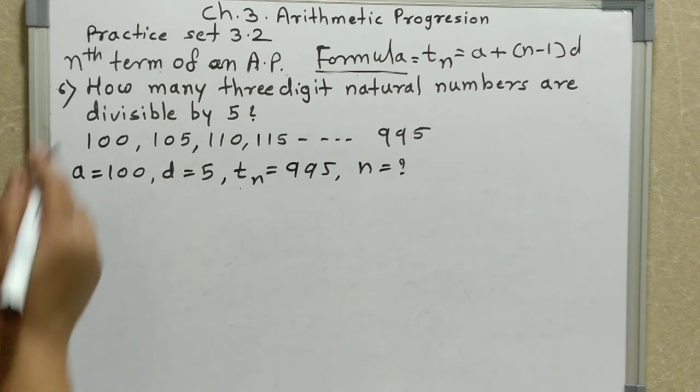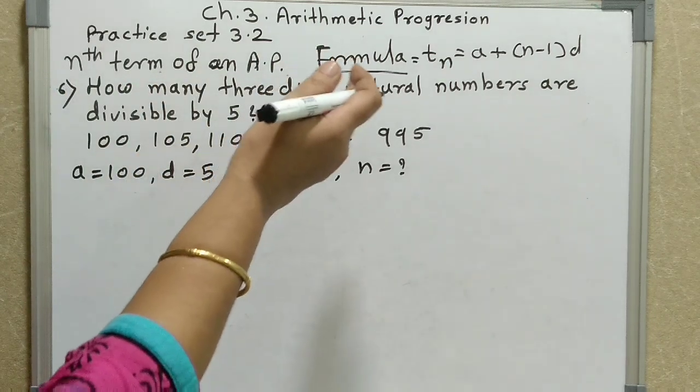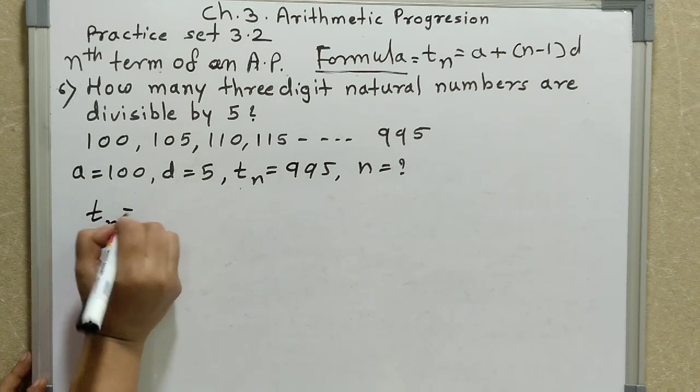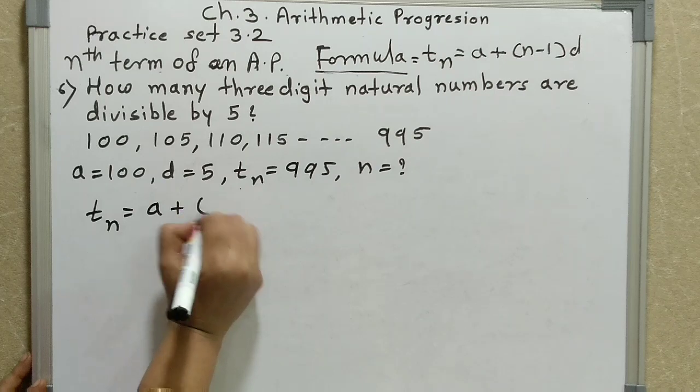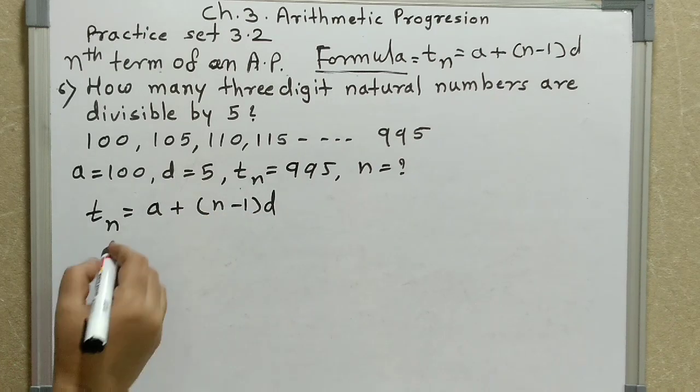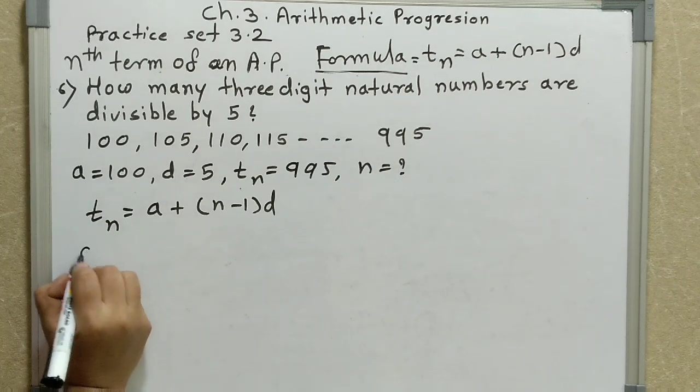Now we use the nth term formula. Our formula is Tn is equal to A plus (n minus 1) into D. So we write here Tn is equal to A plus (n minus 1) into D. So our Tn becomes 995.